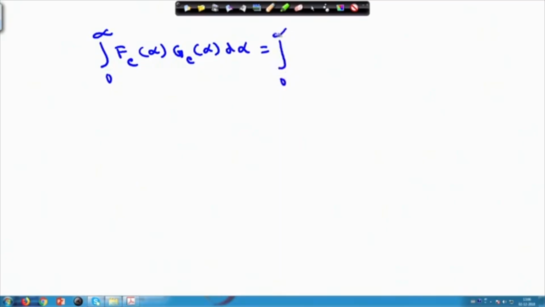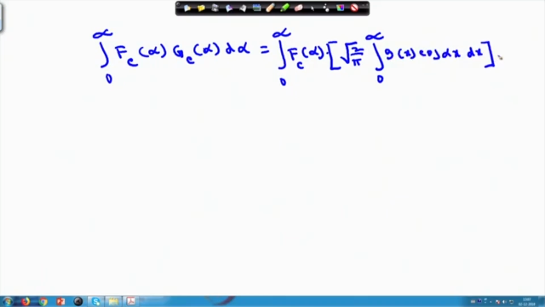So, 0 to infinity, capital F_c of alpha means Fourier cosine transform of f(x). Now, G_c of alpha, that is Fourier cosine transform of g(x), using the definition of Fourier cosine transform, I can write it as root over 2 by pi 0 to infinity g(x) into cos of alpha x dx into d alpha.